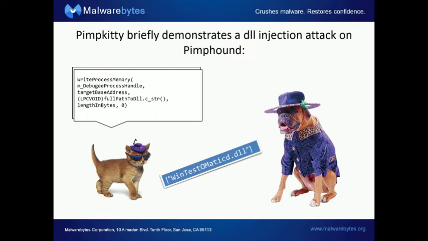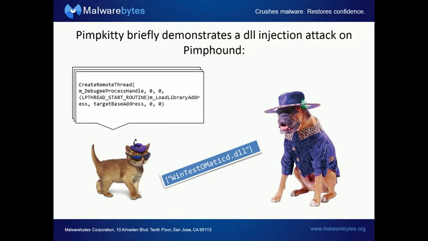The next thing it tells him is to write in that memory the name of the DLL that we want him to load that will give us access to all this meta object information. And the third thing you do is you create a remote thread on the target executable, or PimpDog, and it'll basically tell you to load a DLL.